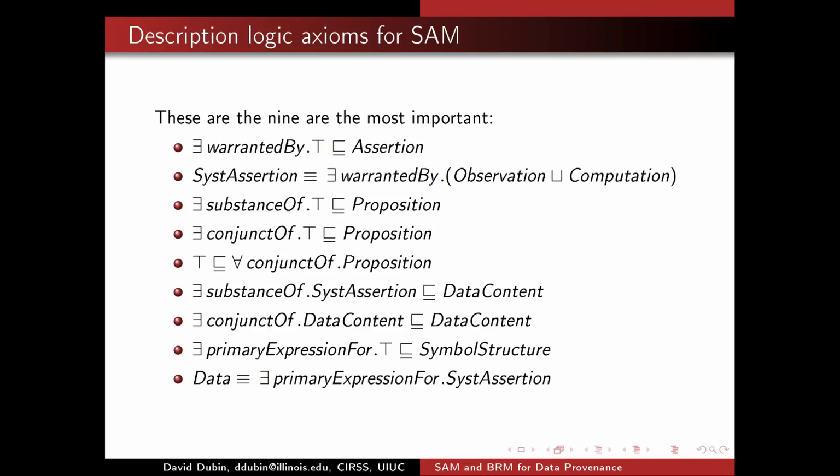So once the TriG graph in the earlier slide is understood to be expressing data content, then the content of each of the individual statements in that Darwin Core occurrence record is also data content. And data itself is the primary expression for a systematic assertion.